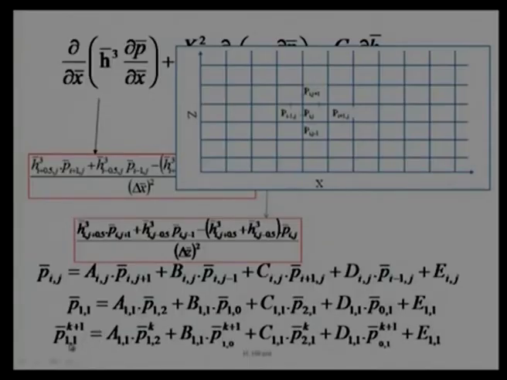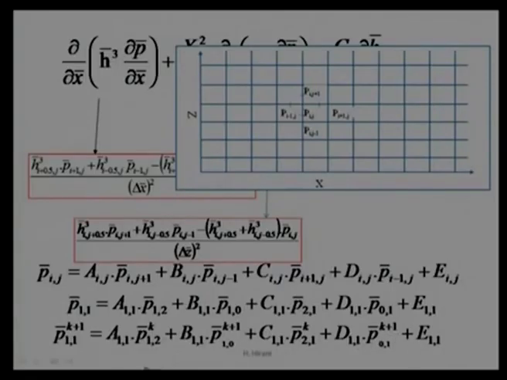We are saying that at any iteration, say iteration number k plus 1, we take values from the previous iteration, that is P 1 2 from the previous iteration. However, P10 will be known to us, that means we can take it from the present iteration, while P21 is from the previous iteration, and P01 again will be known to us, so it will be from the present iteration.